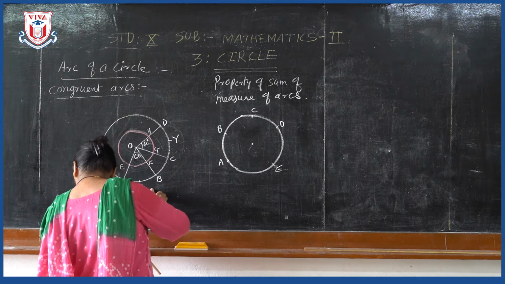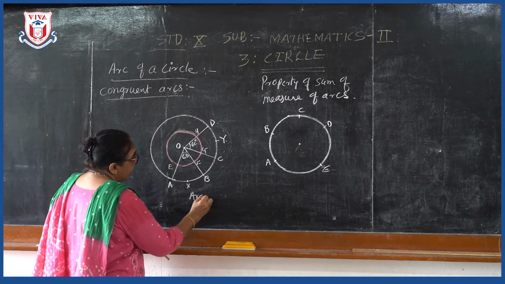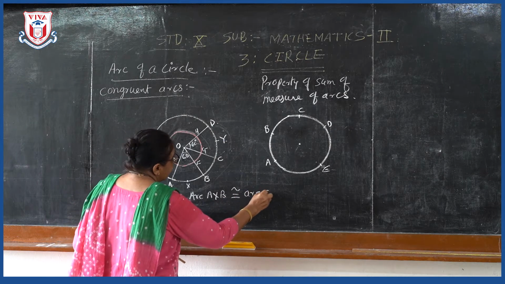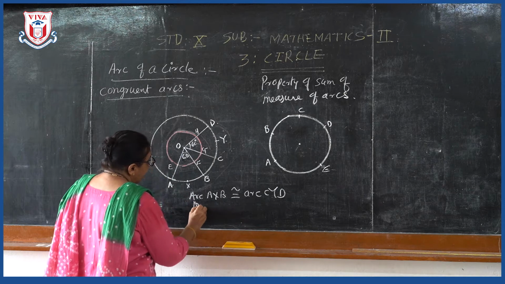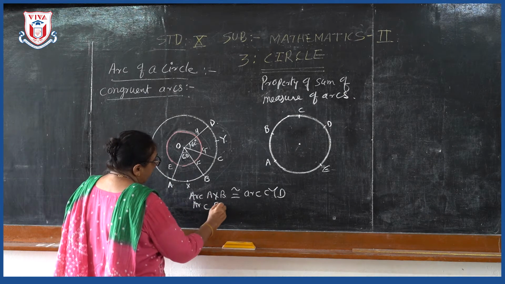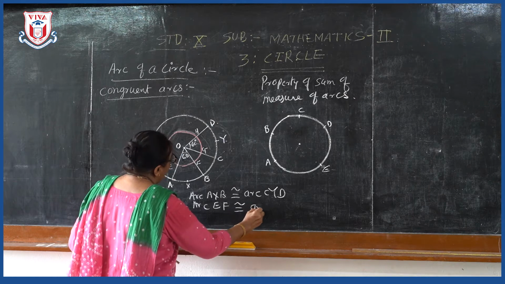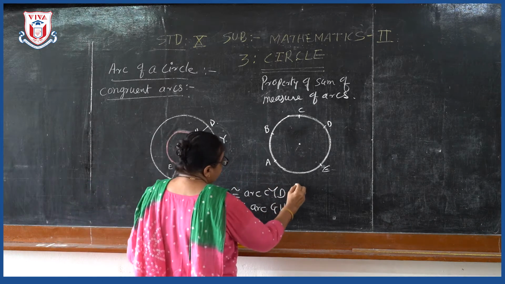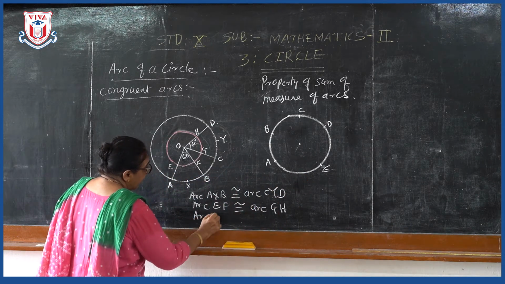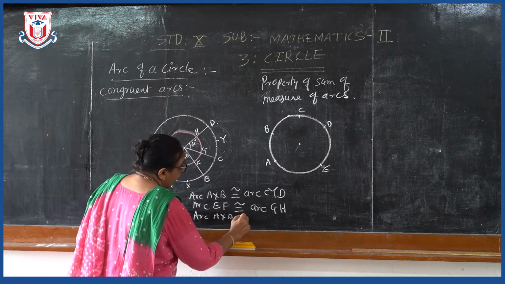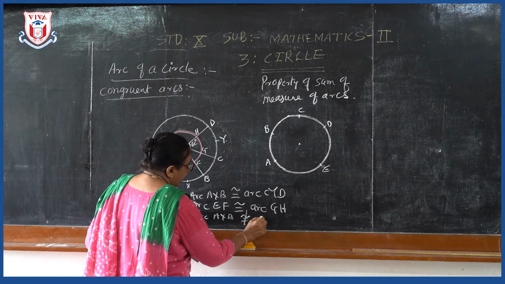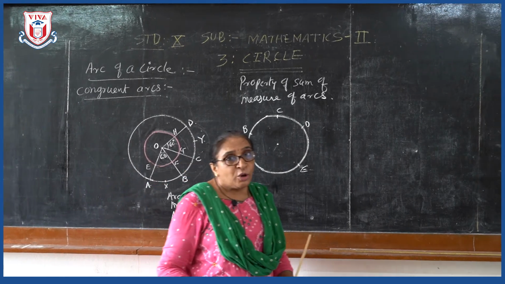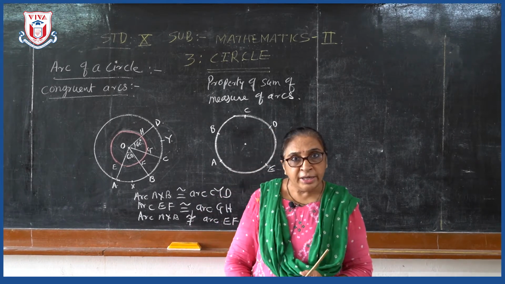Here we can say for this figure, arc AXB is congruent to arc CYD, and arc EF is congruent to arc GH, but arc AXB cannot be congruent with arc EF even though they have equal measures, because they have different radii.